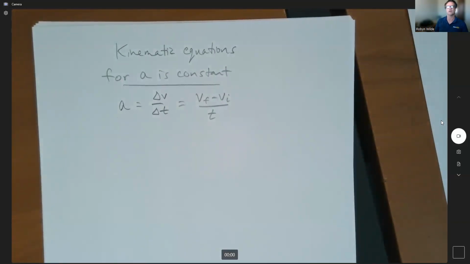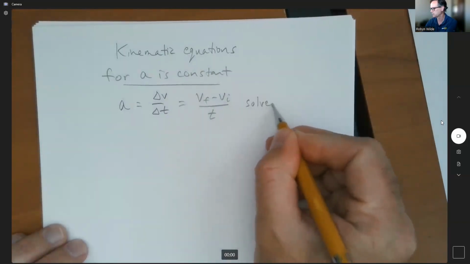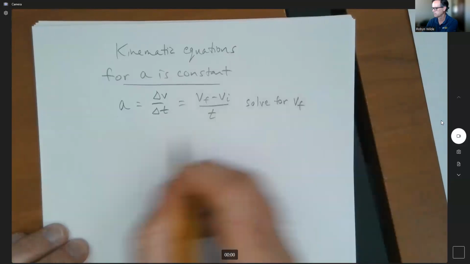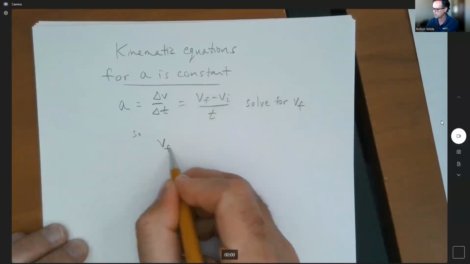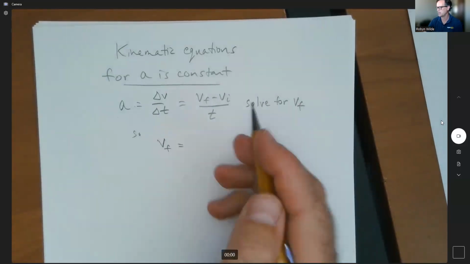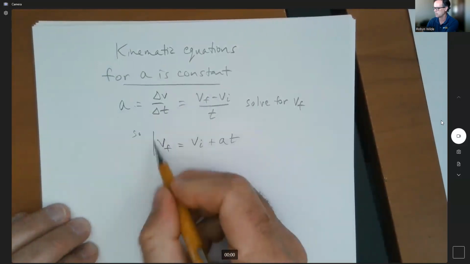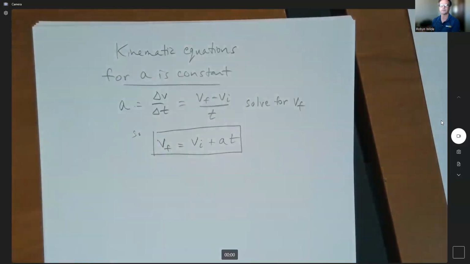So after whatever time, let's rearrange this. I'm going to solve for v final. If I do that, just a little bit of algebra, I get v final is a times t plus vi. So vi plus at. This is our first kinematic equation.